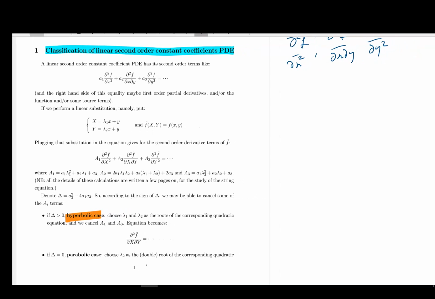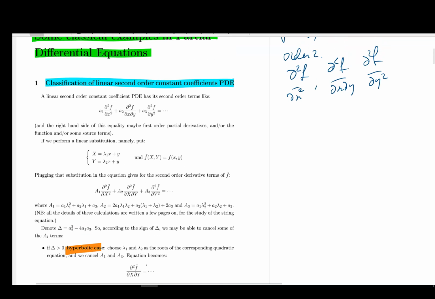Okay, so this is it. We said we want to look at second order differential equations, meaning you will have terms d2f over dx2, d2f the cross derivatives, and the second derivative according to y squared. As it's linear, we're going to have a sum of those 3 kinds of derivatives, right?